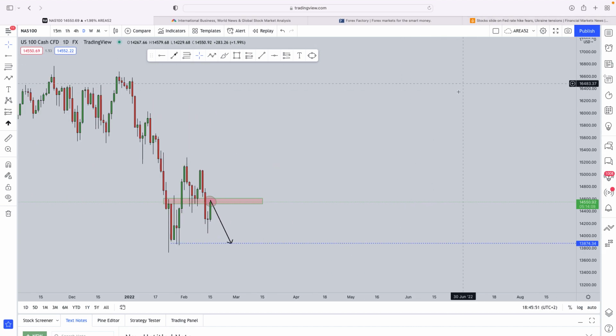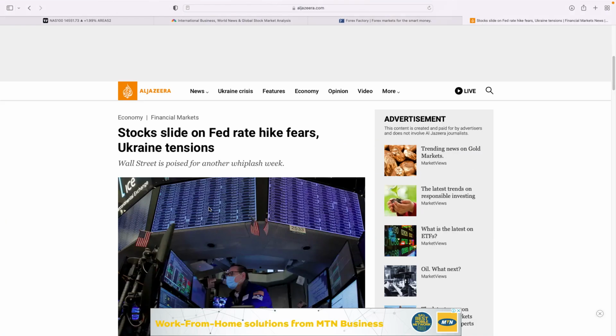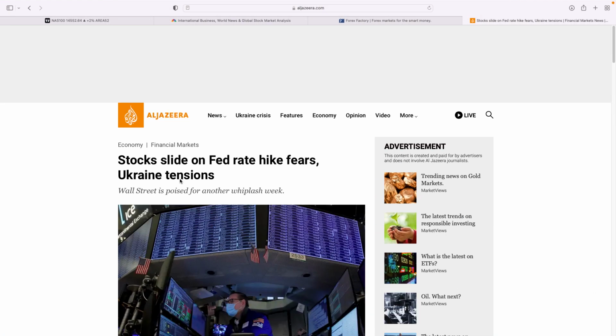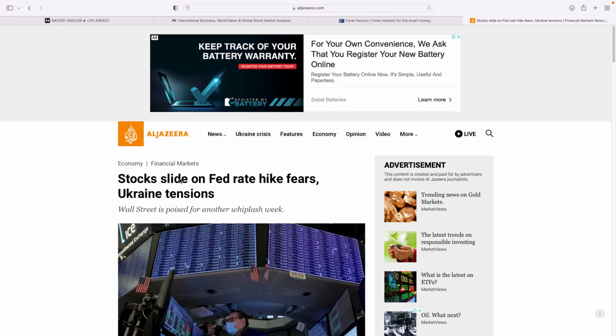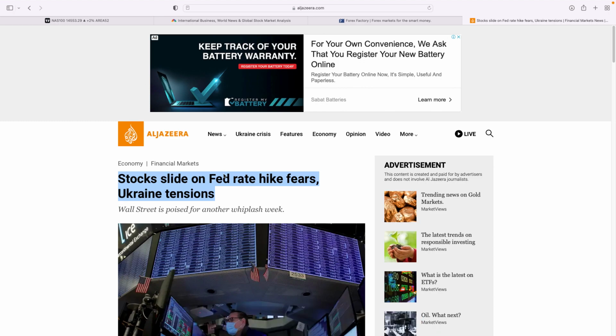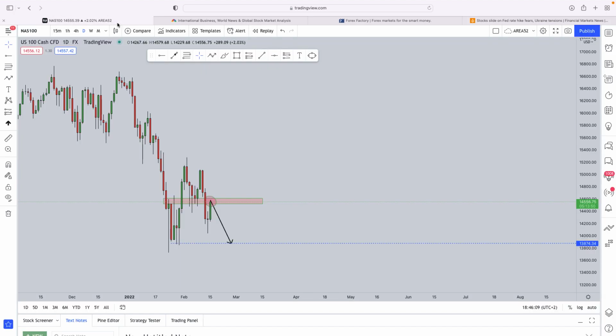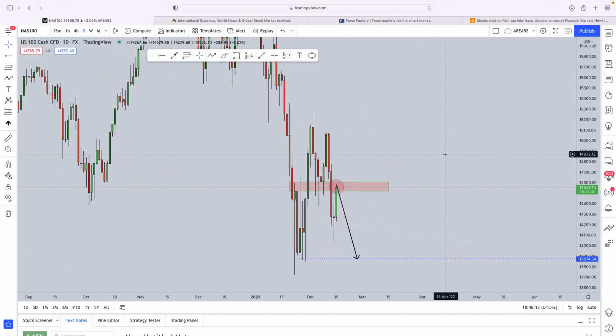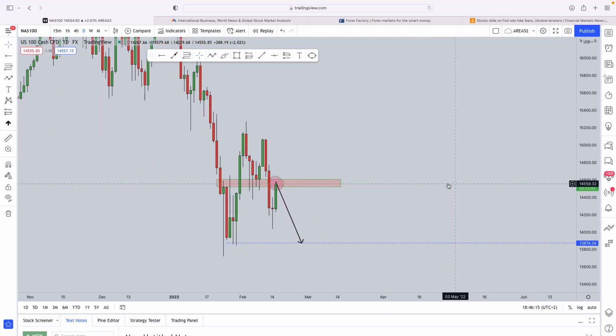Now, the main reason why we're bringing this up is that a lot of people think that the Nasdaq pulled back because of the tensions between Ukraine and Russia. It is slightly because of that, but the markets are still very skeptical, because they expect the Fed to hike rates more aggressively, and that has a bigger impact on the Nasdaq, or on stocks in general, than a war between Ukraine and Russia.